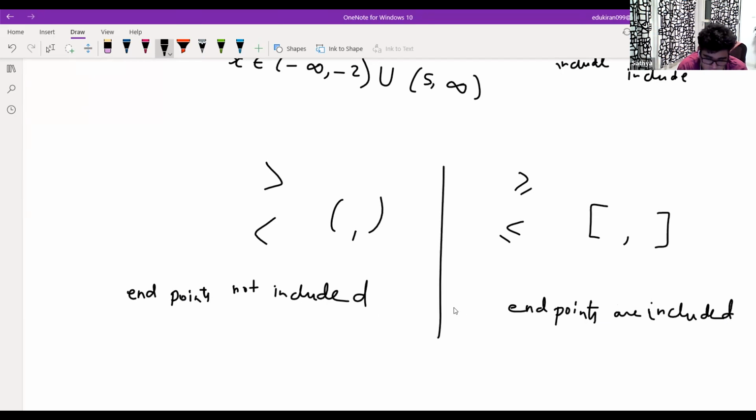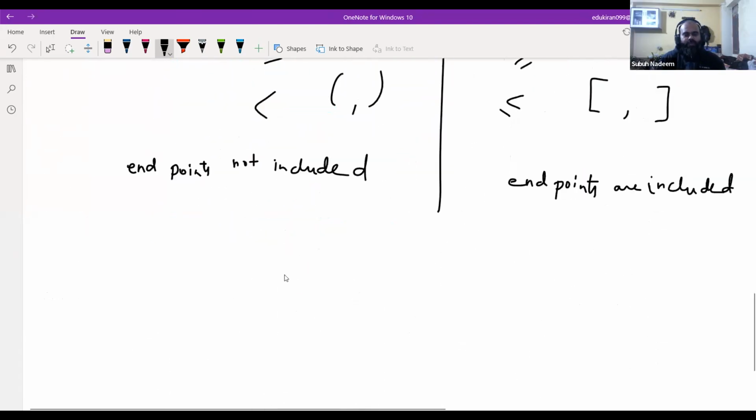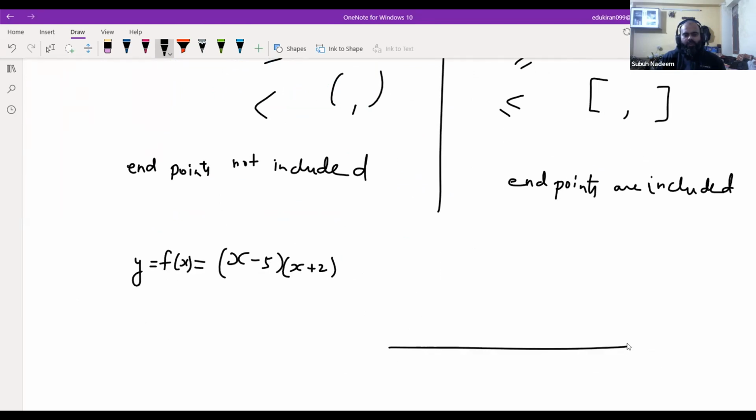Now, one more thing, you can draw the graph also of x minus 5 into x plus 2. So this x minus 5 into x plus 2 is a function of x, which can be said to be y. So the points are 5 and minus 2.